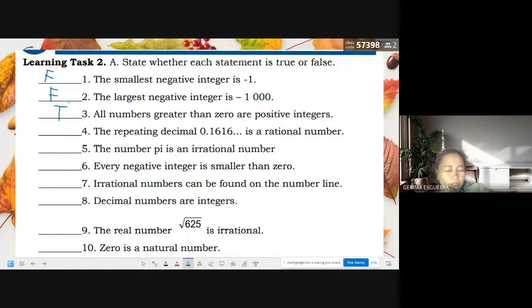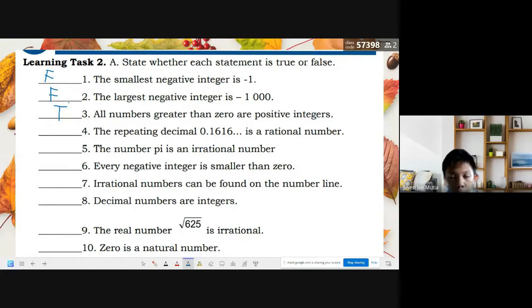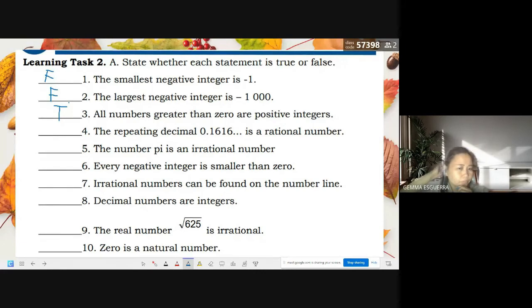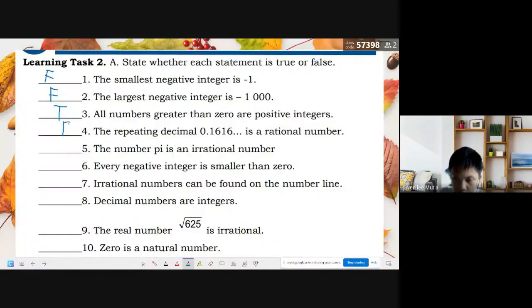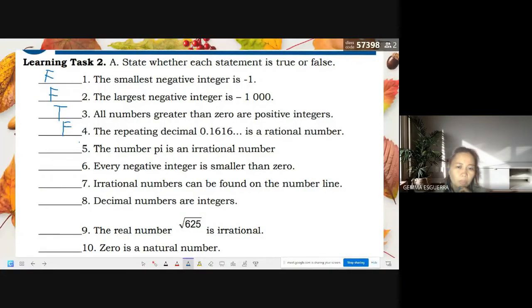Is a repeating decimal rational? Juven? True po. Are you sure? Ay, false po. Next, number 5. The number pi is an irrational number. True or false, Khalil? True po, ma'am.